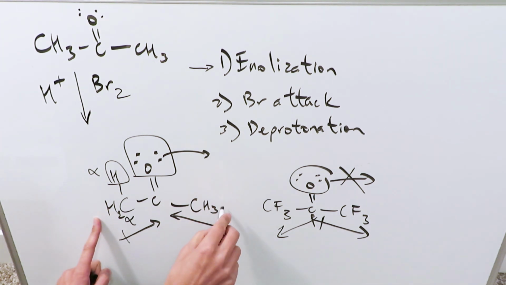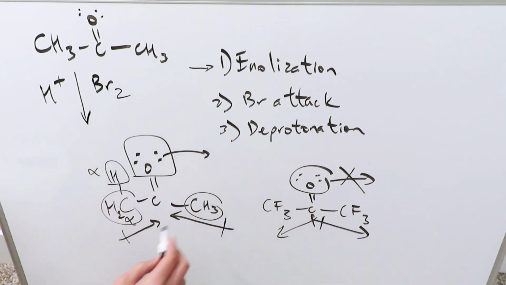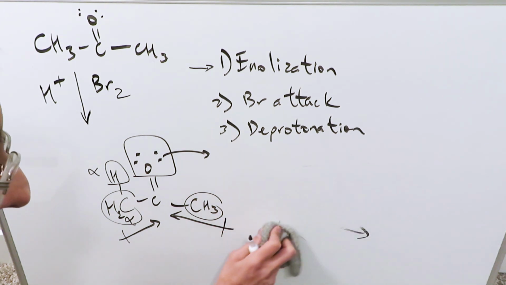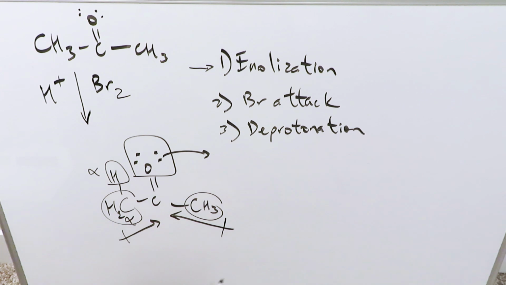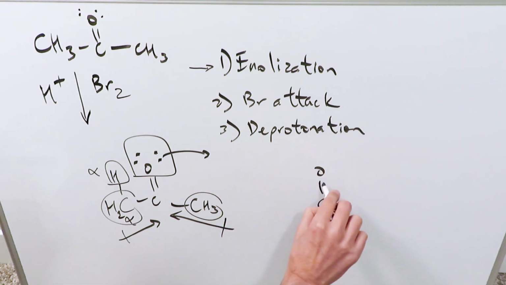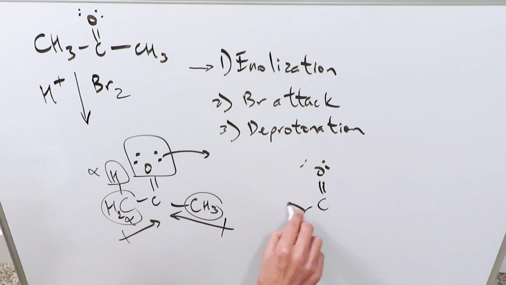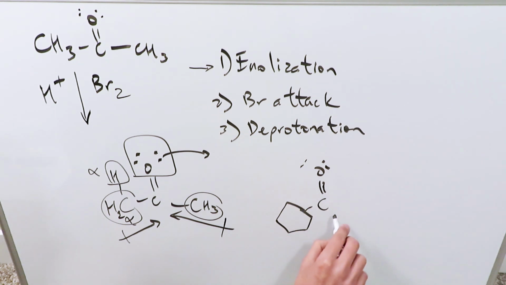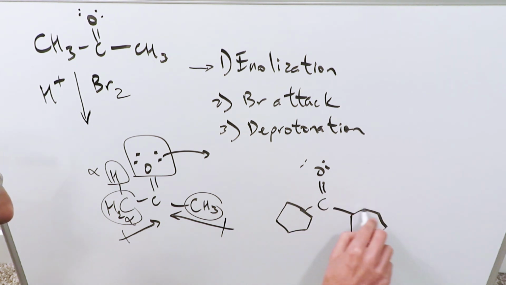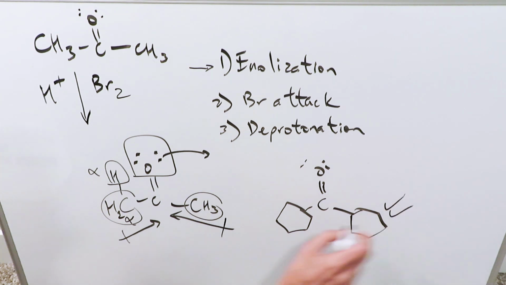The more electropositive or donating these groups are, the better your reaction will be. With electronegativity coming into the picture, it spoils your reaction. Step number 1 doesn't occur. So the better these groups are, the better it is. You could even have a situation where you're looking at something like this, and here you have cyclohexane rings which are even more electron donating than methyl. So this is even more preferred than something like this.